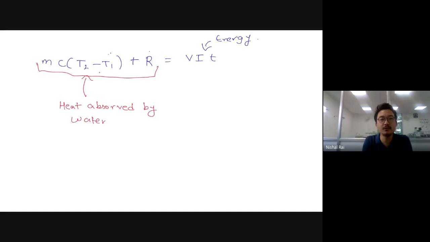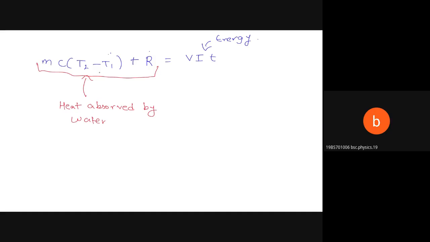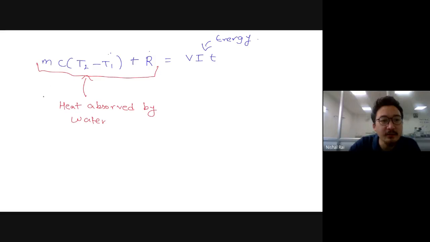From Newton's law of cooling, or from the definition of heat, Q is equal to mcΔT, no? You know this, we did it at the very start of the lecture.